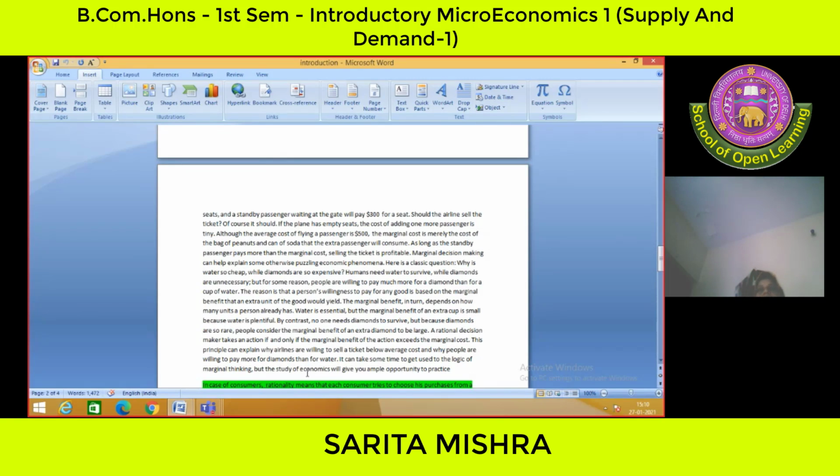So you may think that since the necessity of water is much more than compared to that of the diamond, water ought to be more pricey compared to the diamonds. But in real life, what we observe is diamond is so expensive and water is available for free. Now, why is that so? This is because of the marginal benefit, because the water is available in plenty.